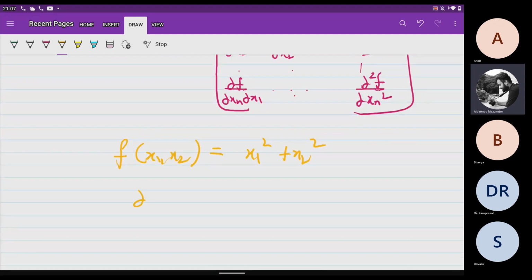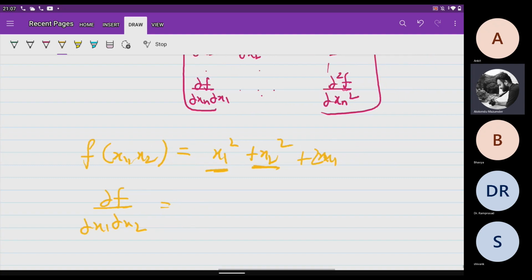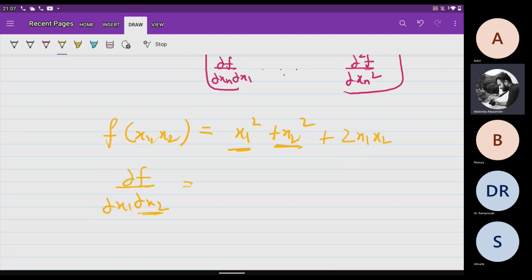Now if I want to compute d2f by dx1 dx2, first I have to compute with respect to x2, treating x1 as constant.